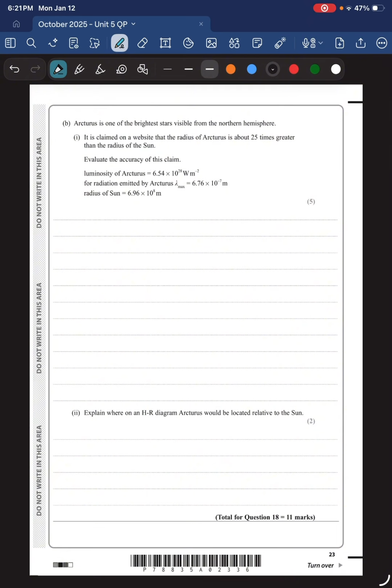Here, first we need to find the temperature. How can we do that? Wien's law tells us that the maximum wavelength emitted, actually the wording is wrong. My wording is wrong, I'm sorry.